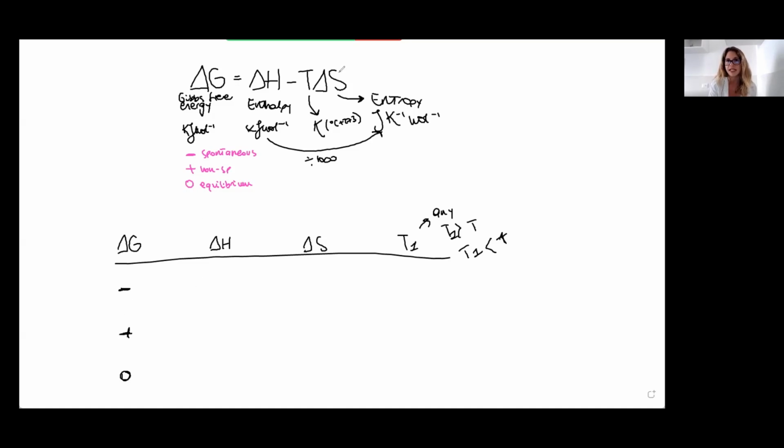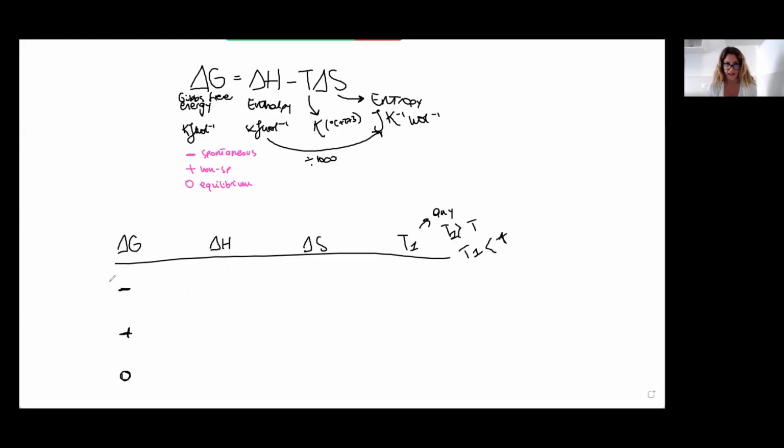The combination that will always give a negative is an exothermic reaction, because the value of delta H is negative, so this can only make delta G more negative. Then we have to make the whole T delta S term as negative as possible.